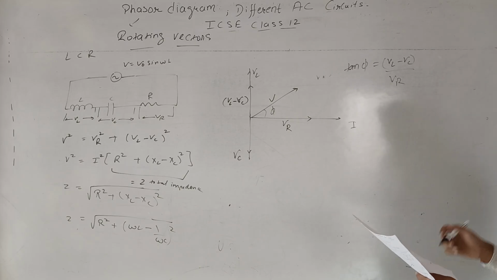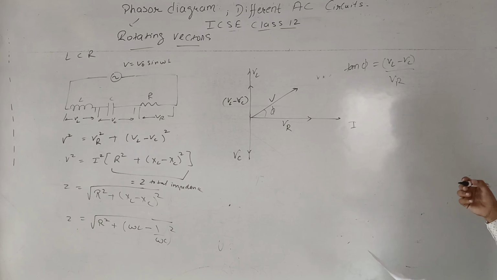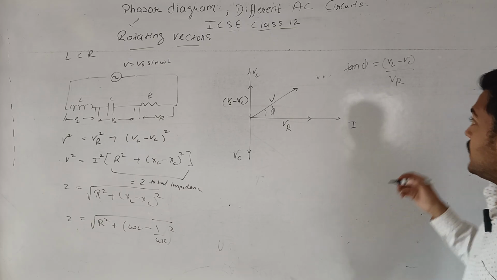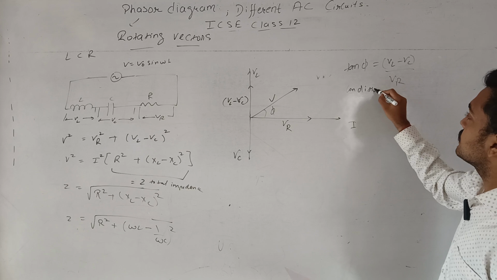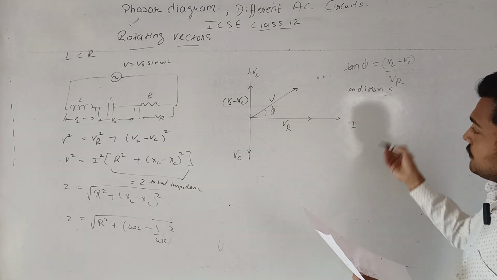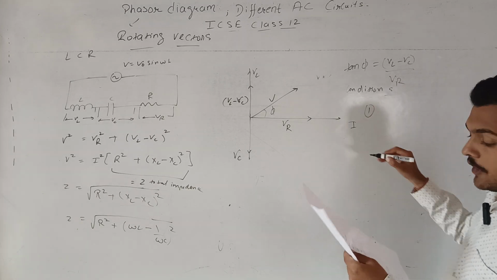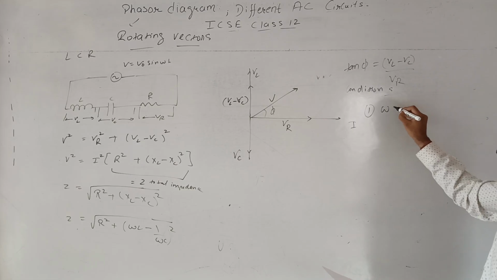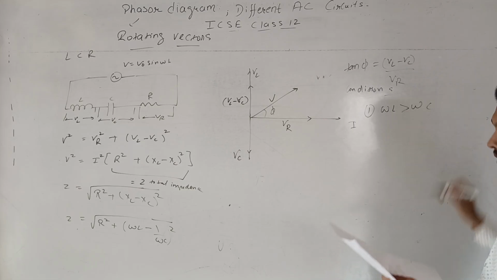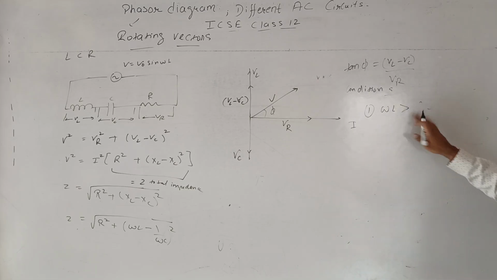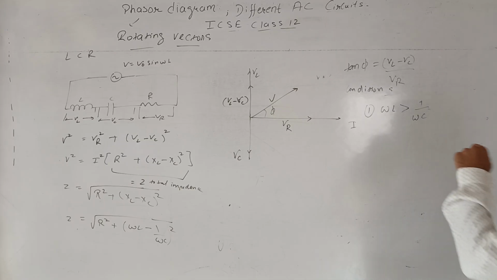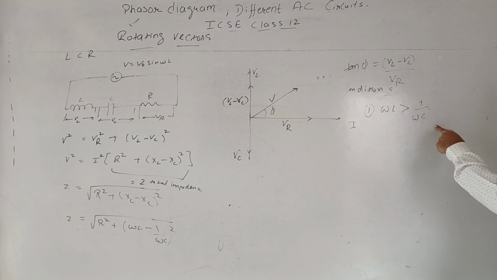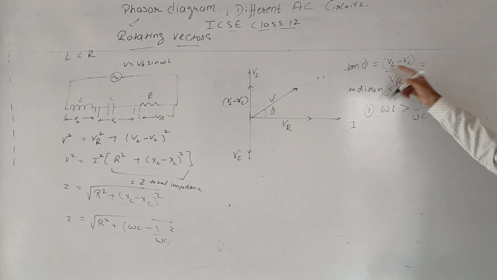Now there are certain conditions in this, the conditions which we are going to see. First is if omega L is greater than 1 by omega C, because here it is VL.